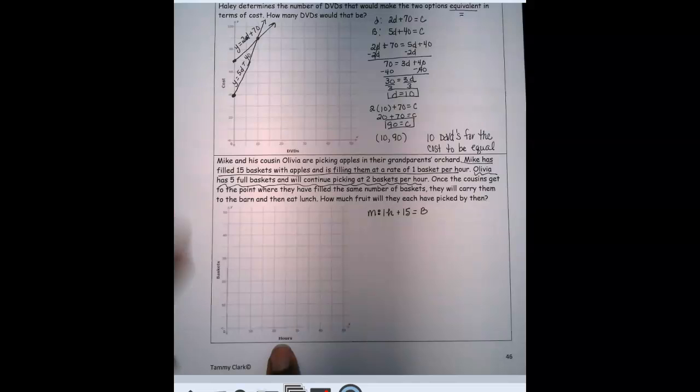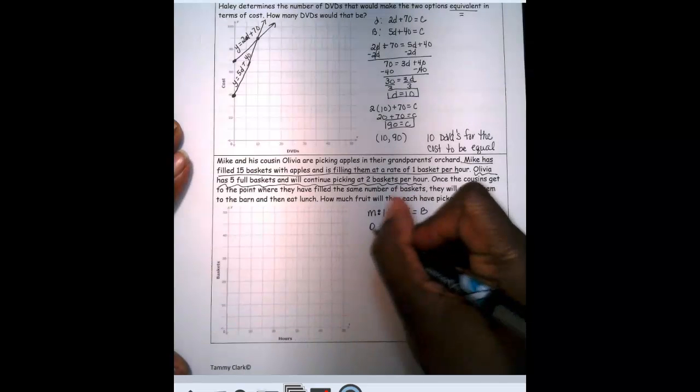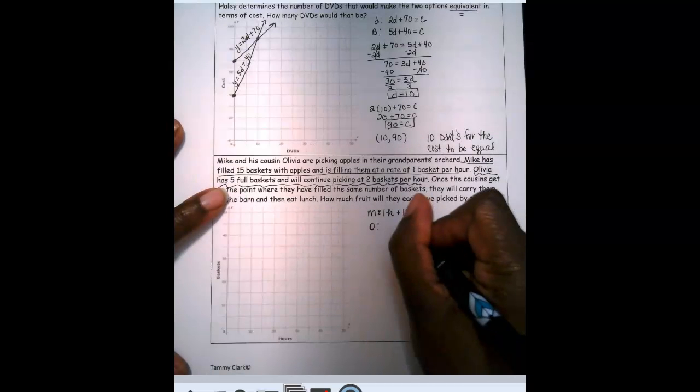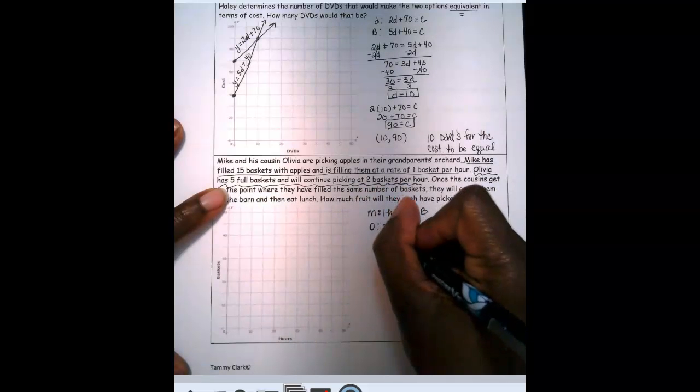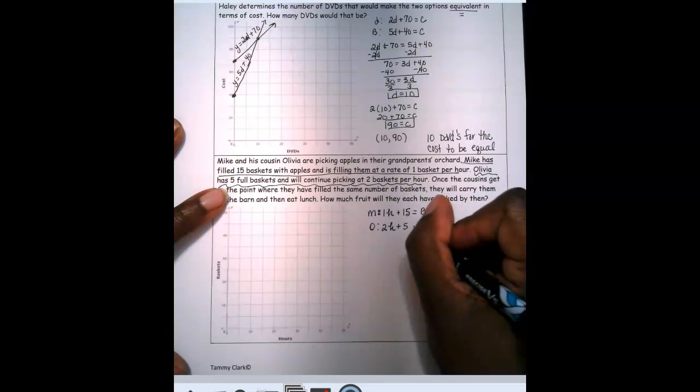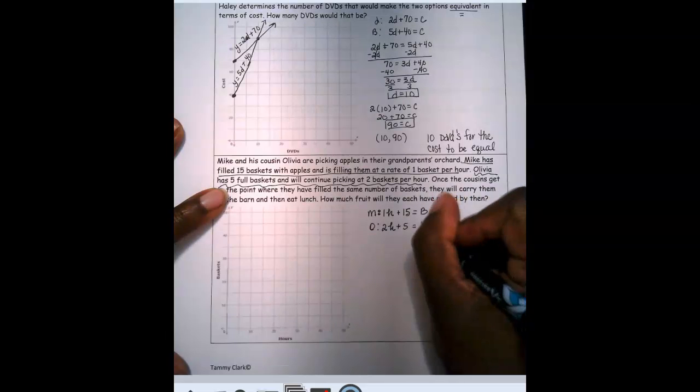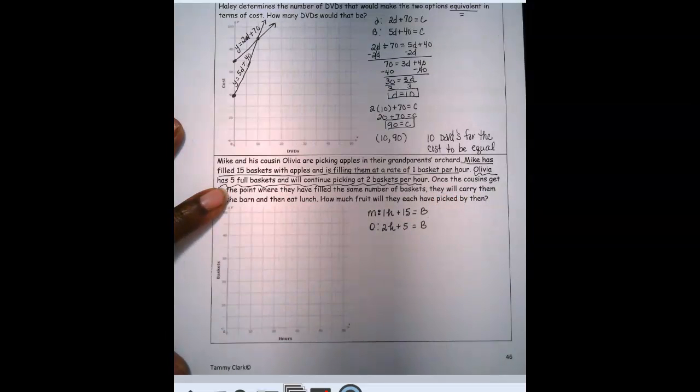So if you're wondering where I'm getting these letters from, I'm taking them from the first letter of the x-axis and the y-axis. Then we've got Olivia. And what's Olivia doing? She's already got 5 full baskets, and she's filling her baskets at 2 baskets per hour. And that's going to give her her total baskets.